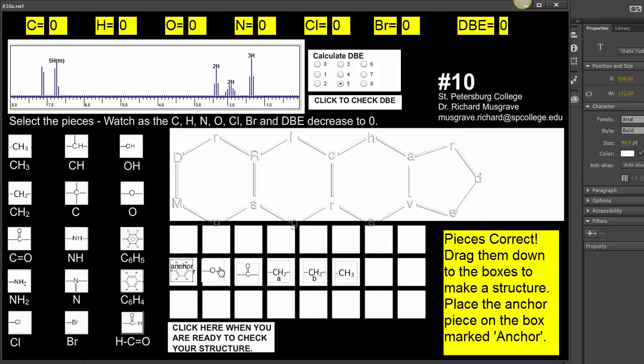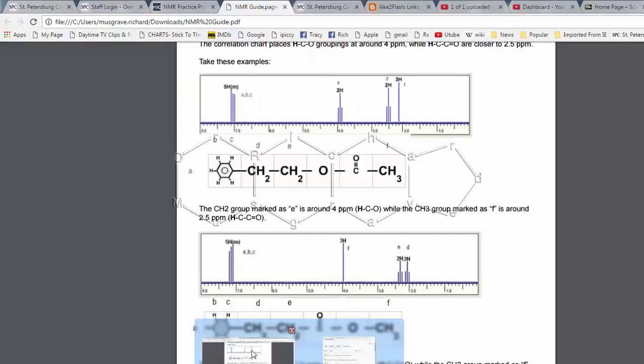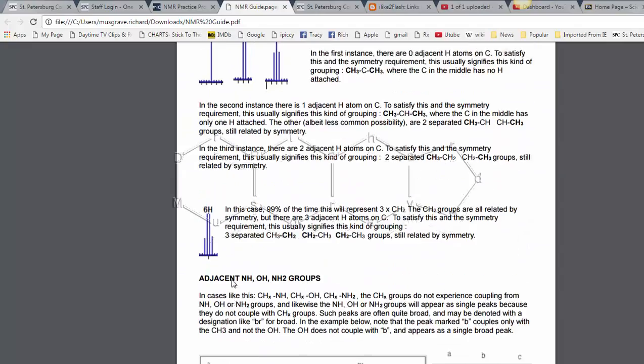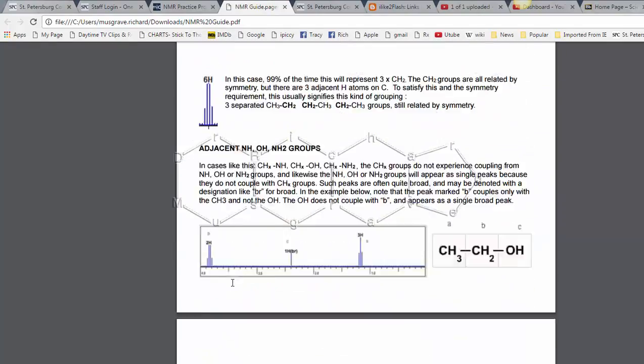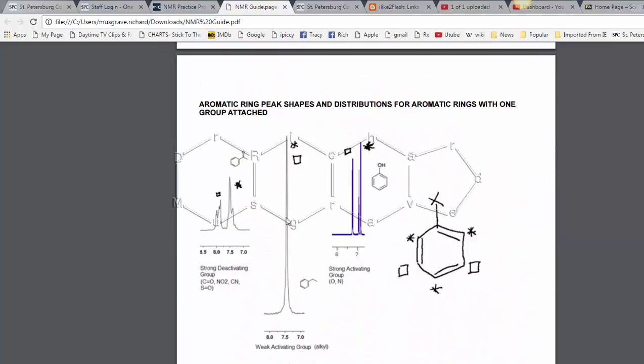There's one other clue that tells us that the C double bond O is here and the O is here, and that is when we look at the way it's connected to the aromatic ring. You can see that if a C double bond O was connected to the aromatic ring, it would split into 2 portions and would be centered at around somewhere after 7.5 ppm.